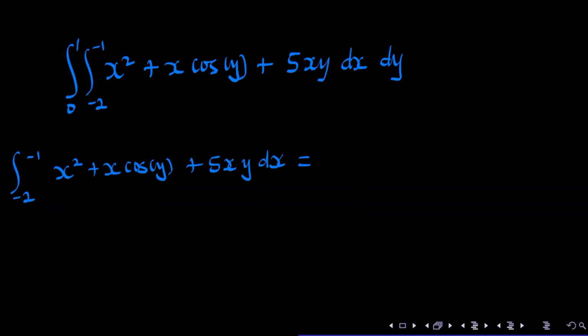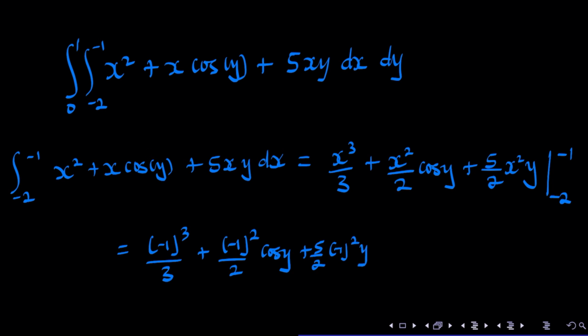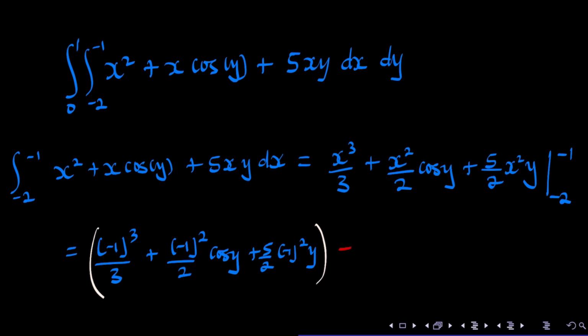Integrating the inner integral gives x cubed on 3 plus x squared on 2 cosine of y plus 5 on 2 x squared y, then the range of integration -2 to -1, because substituting the upper range of integration gives (-1) cubed on 3 plus (-1) squared on 2 cosine of y plus 5 over 2 times (-1) squared y, then minus that of the lower integration.